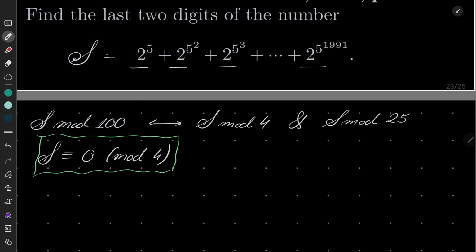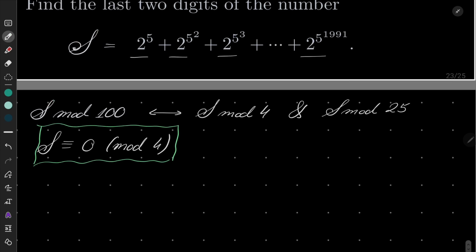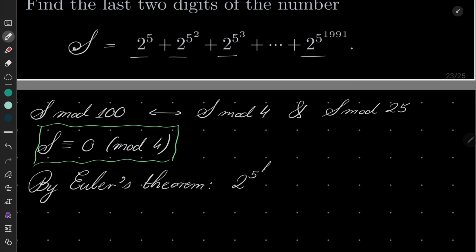Okay, so the second part is not so obvious. Finding S modulo 25 by Euler's theorem. By Euler's theorem, we know that 2 to the power of 5 to the power of k is congruent to 2 to the power of 5 to the power of k modulo phi of 25, modulo 25.